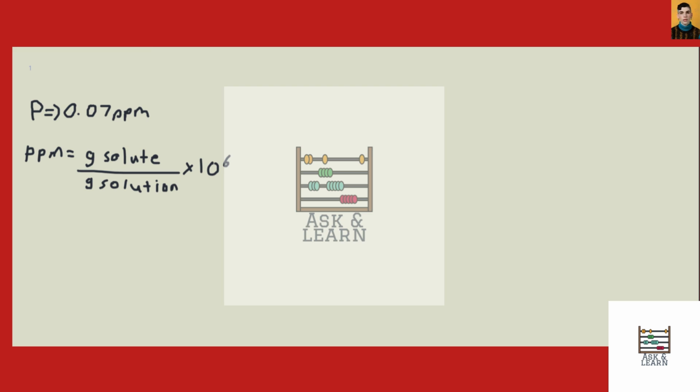So our phosphorus is going to be 0.07 ppm, and to make it simple, 0.07 ppm is 0.07 grams of phosphorus per 10 to the 6 grams of H2O.